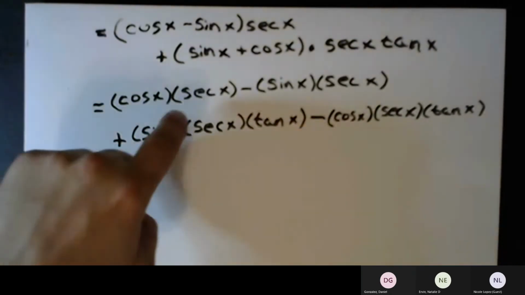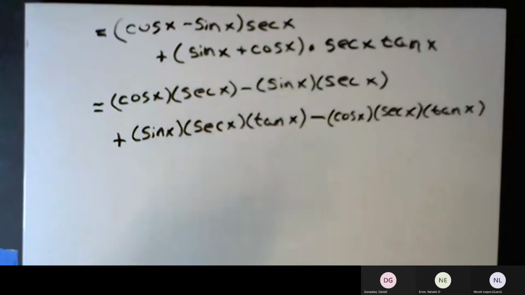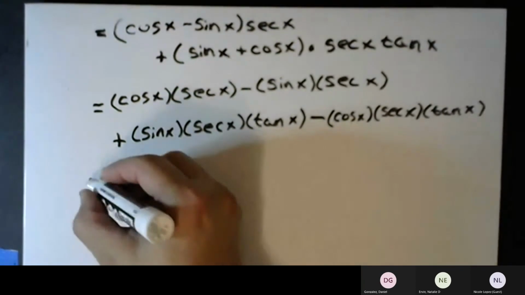Now to simplify this, let's rewrite secant and tangent as sine over cosine.